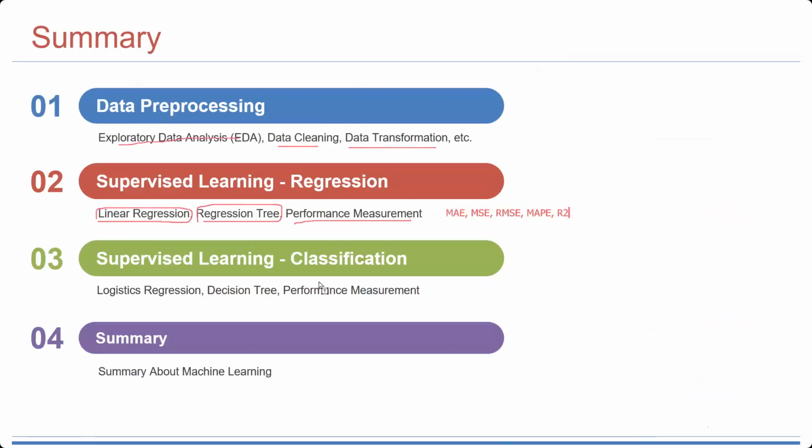For classification, you learned about logistic regression, decision tree, and the performance measurement. So you learned about the confusion matrix, which is about the accuracy, and then precision, recall, and also F1 score.